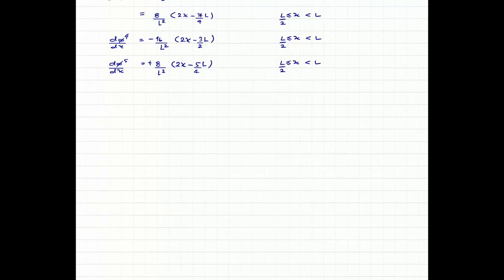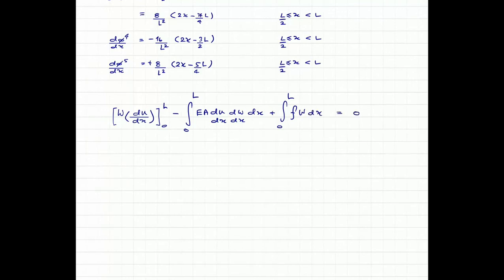So we have W du/dx, the whole thing evaluated from 0 to L, minus the integration over this domain of EA du/dx dW/dx dx, plus the integration from 0 to L of f W dx equals 0, and then we will evaluate this.